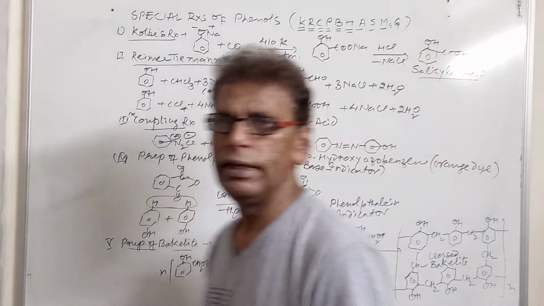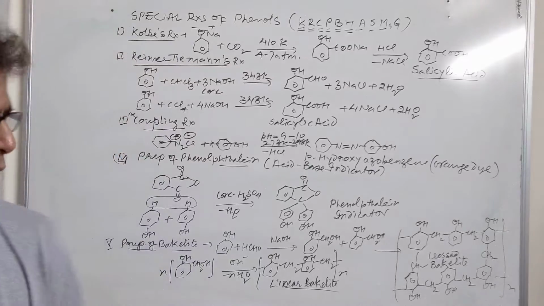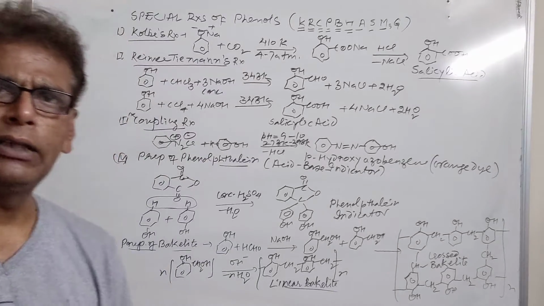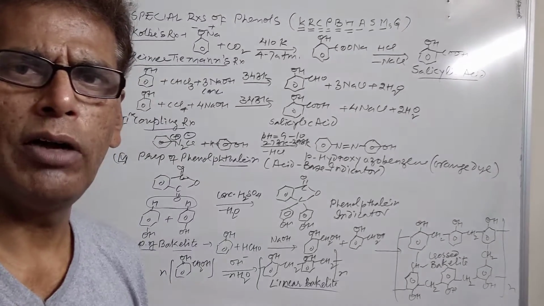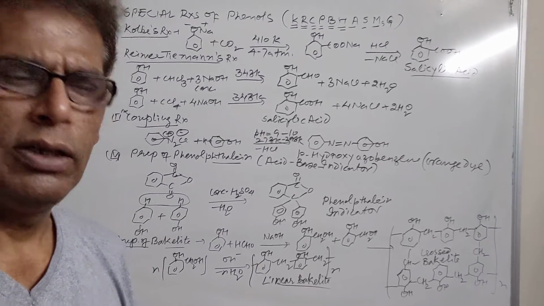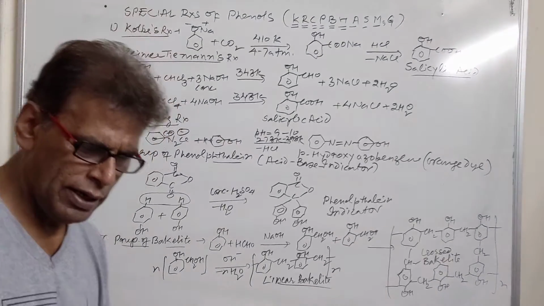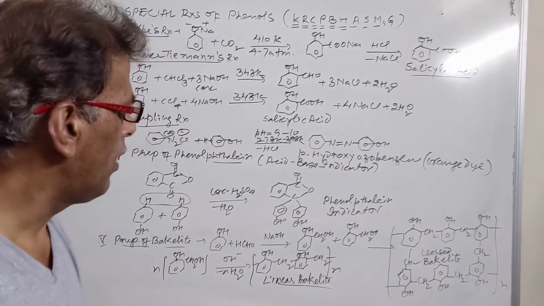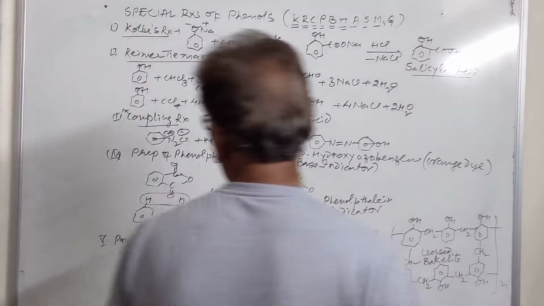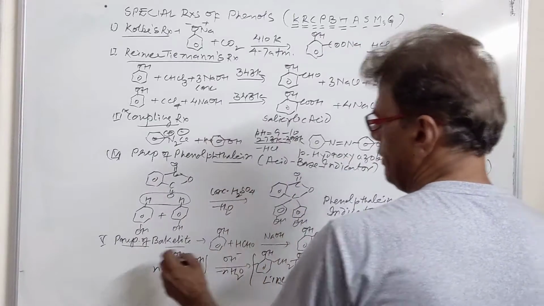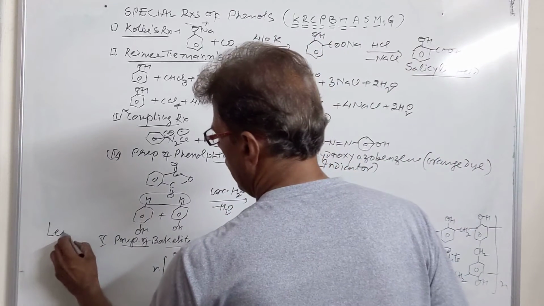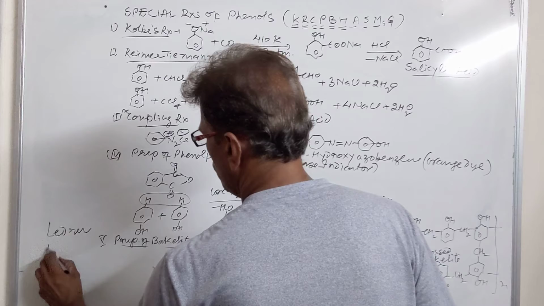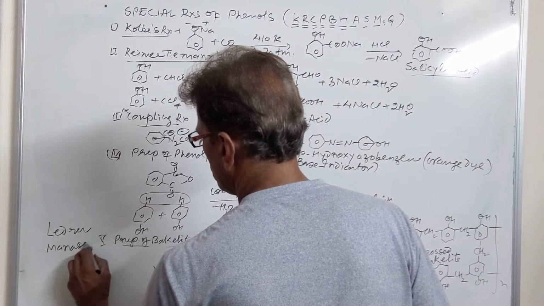So bakelite is of two types. We have the cross bakelite as well as the linear bakelite. Both are produced from the phenol formaldehyde resin. It is also called the Lederer-Manasse reaction. The bakelite formation is also called the Lederer-Manasse reaction.